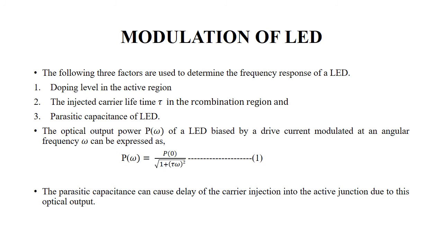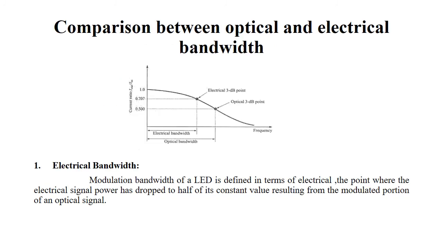The parasitic capacitance can cause a delay of the carrier injection into the active junction, and thus of the optical output. Now the comparison between the optical and electrical bandwidths. First is the electrical bandwidth.